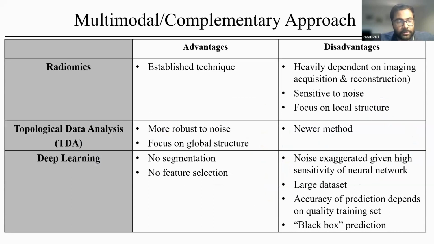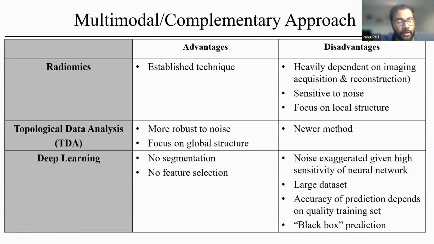Now, people can say, what is the benefit of a multimodal approach versus what are the disadvantages? Because every one of these methods has some advantages or disadvantages. So that's why, do you want a unimodal or do you want a multimodal? So for example, radiomics. Radiomics is a very established technique.